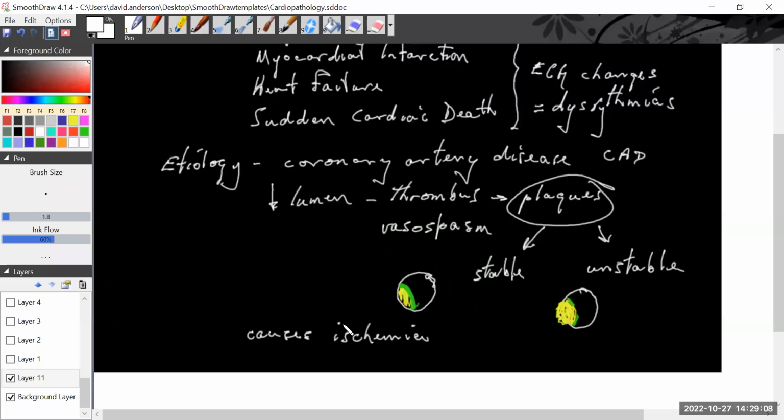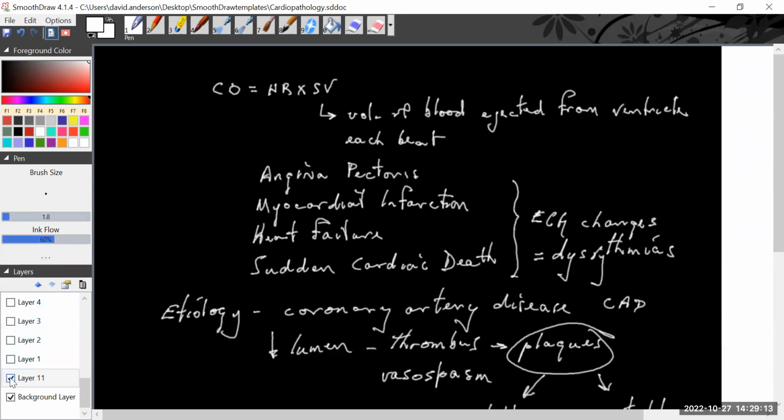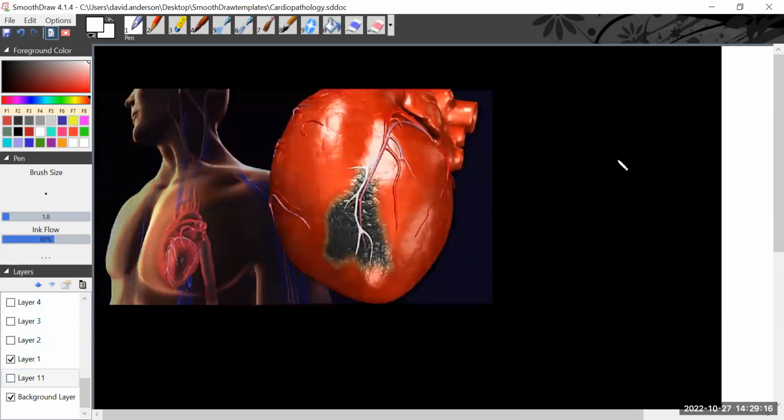And there's a couple of things that are going to influence the problem with ischemia.